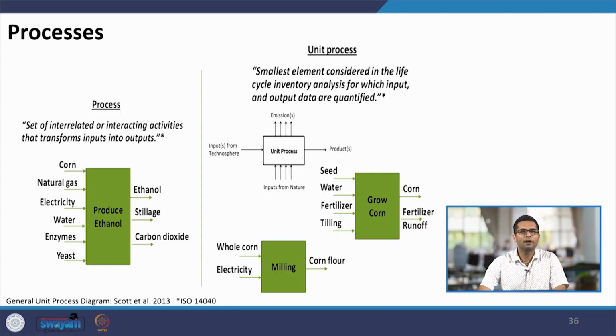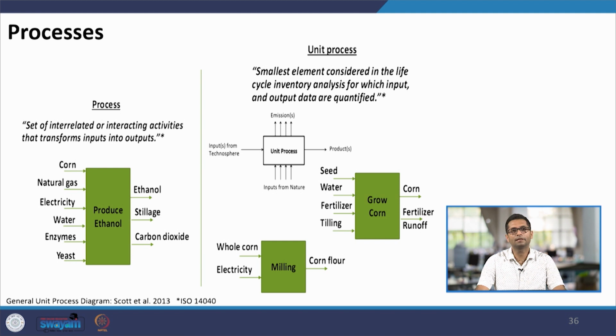So, let us first try to understand what we mean by a simple process. If I go with the ISO definitions, a process can be defined as a set of interrelated or interacting activities that transform inputs into outputs. So, any energy production process will be taking many inputs from nature or from the technosphere and producing useful outputs, useful forms of energy, as well as a lot of emissions.